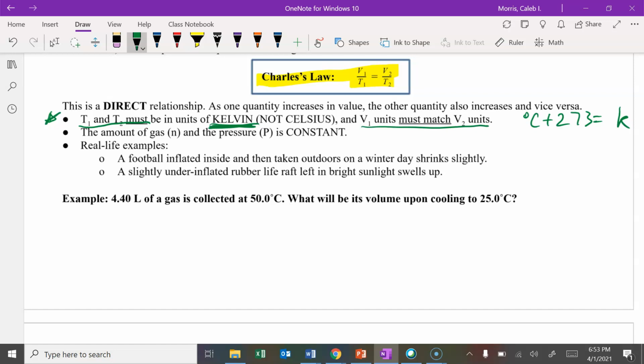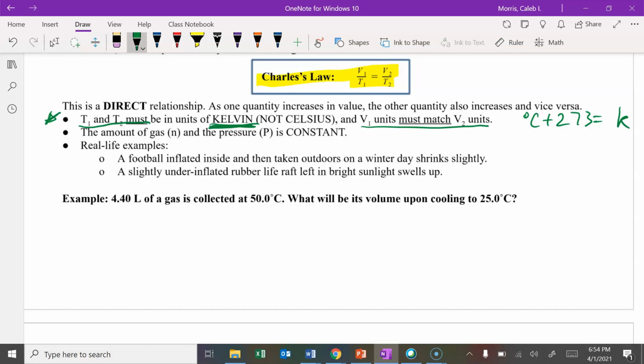Couple real life examples. If you were to inflate a football inside and then take it outdoors on a winter day, it's going to shrink a little bit. It'll go flat. Another example in the opposite direction is when people fill up life rafts in tropical waters, they intentionally underinflate them just a little bit.